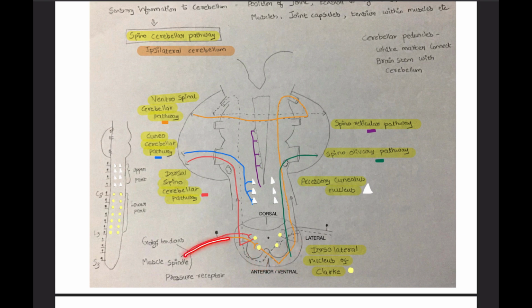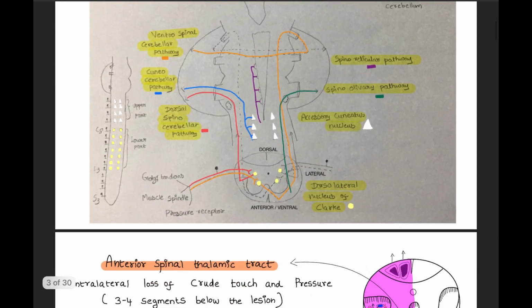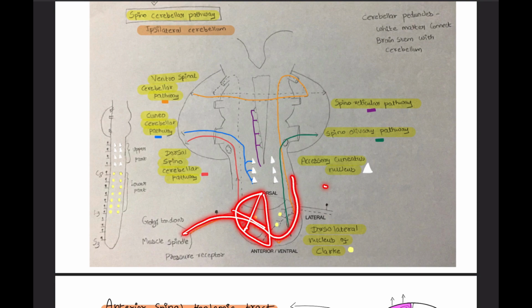So it crosses and goes to the anterior side and then moves upwards. So there will be contralateral loss because the lesion is a hemisection. If the lesion is here, then the problem will be on the other side since the information is going through the other side.